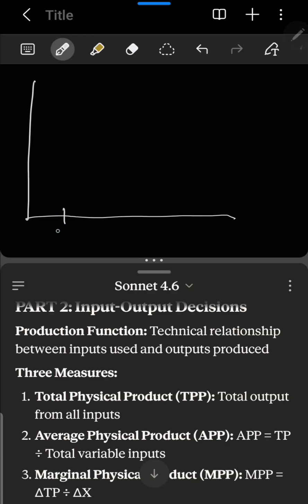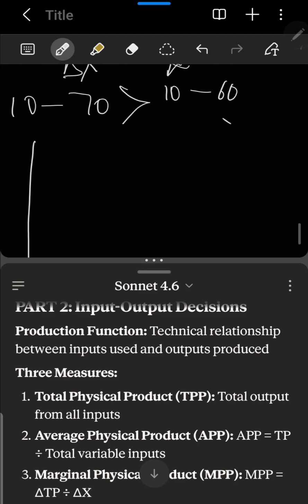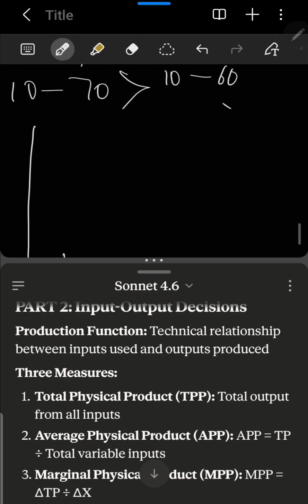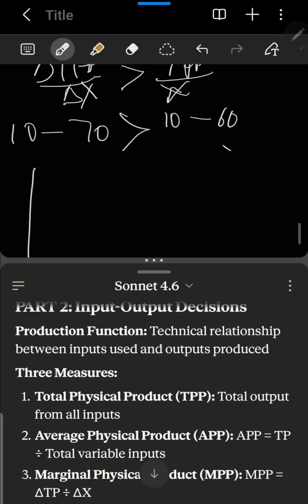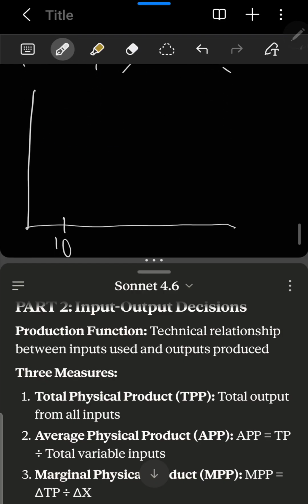Let's use something simple. If before 1 bag of fertilizer was giving you 5 bags of yield, but now 1 bag is giving you 7, we are going to try to illustrate that.